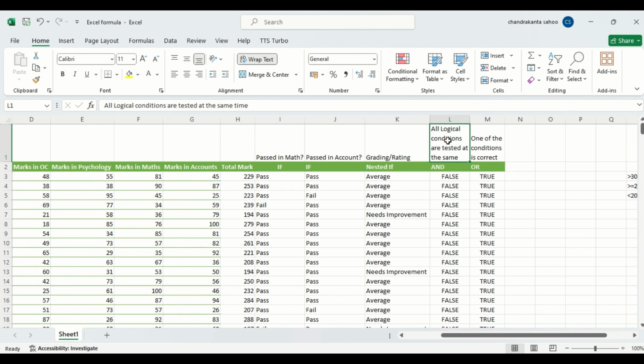All the conditions have to be true. In that case only, the output will be true. Otherwise, if one of the conditions is not satisfied, it will write false. But in case of OR conditions, when one of the conditions is found to be correct, we get the result as true. This is the difference.